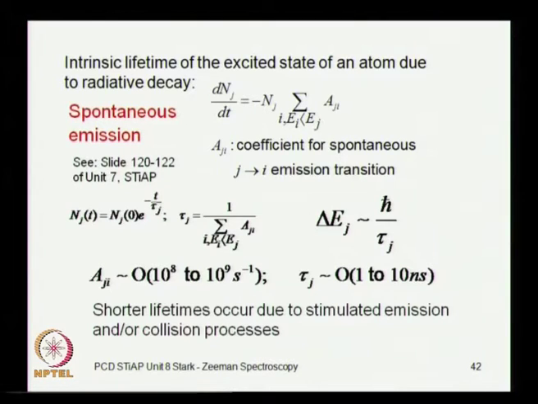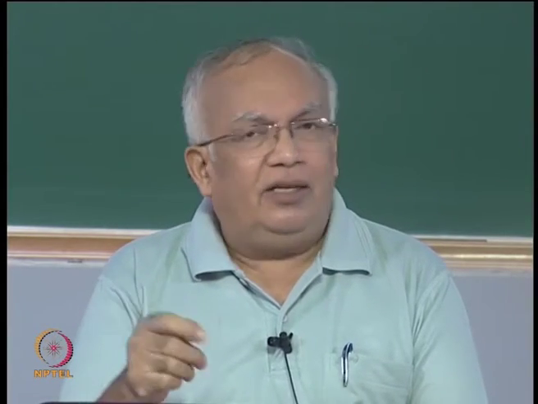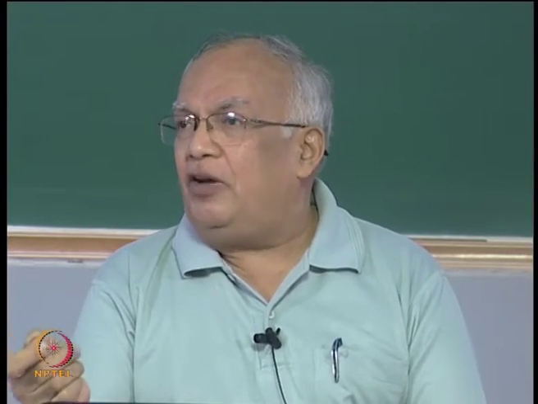Now, in addition to this, from the Stark effect that we have just discussed, we find that the 2s state acquires a little bit of 2p character because of the Stark effect. Okay, so, the 2s state is not a pure state anymore, it develops a 2p kind of character.